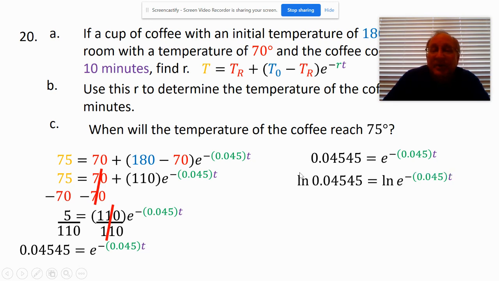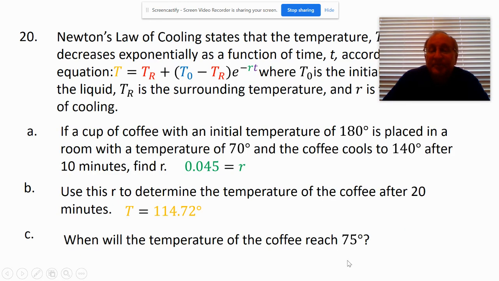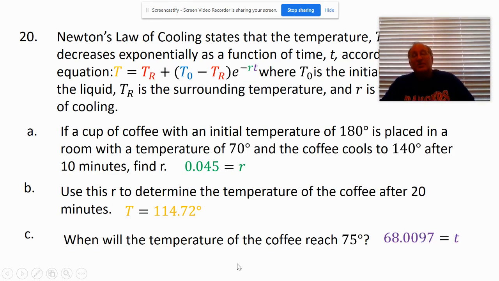So I take the ln of that, cancel that out, and I get negative 3.390914 divided by negative 0.045. So I get just a little over 68 minutes for the temperature of the coffee to reach 75 degrees.